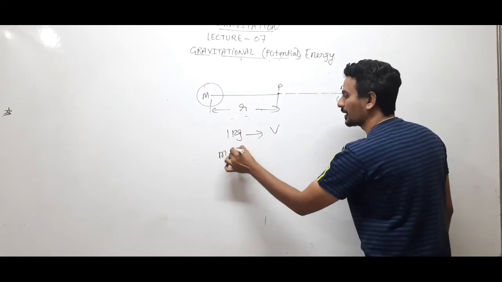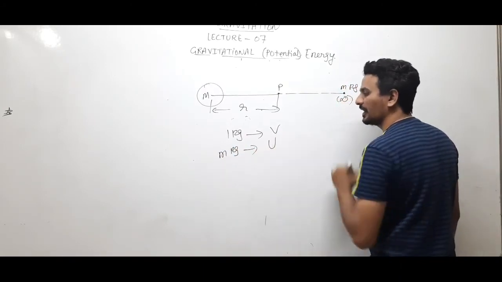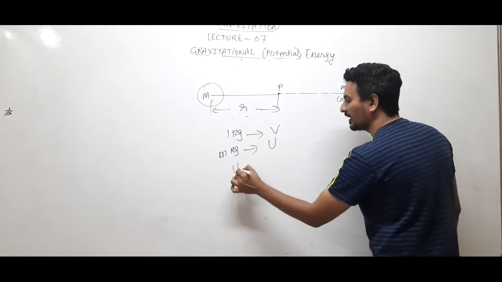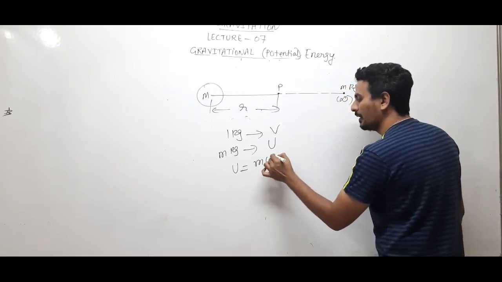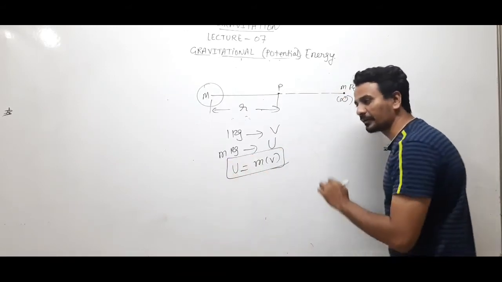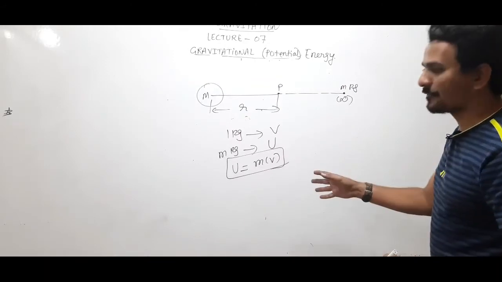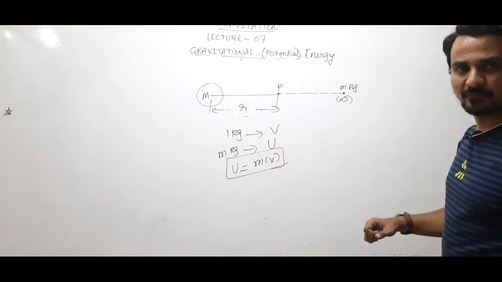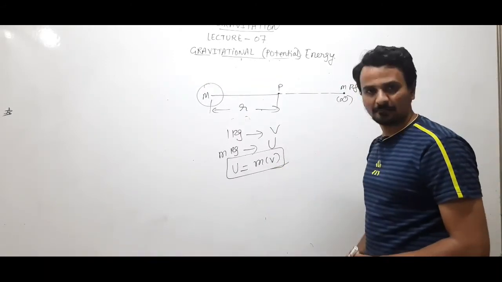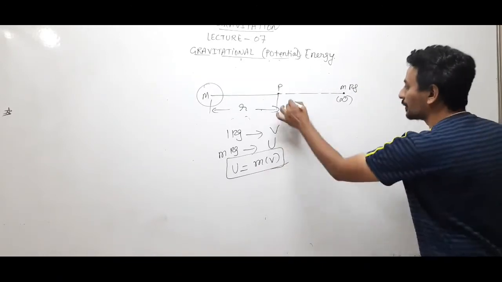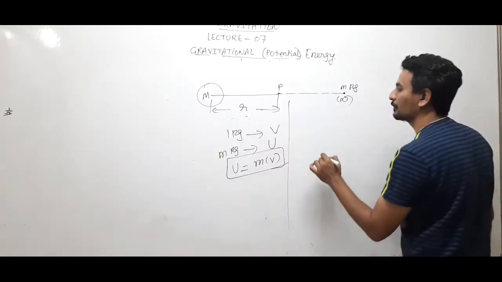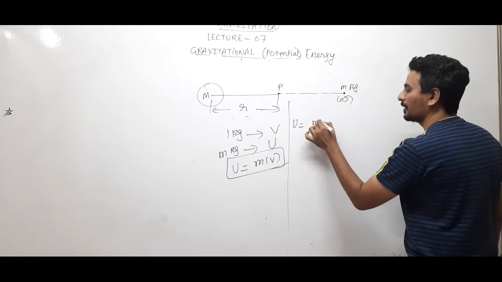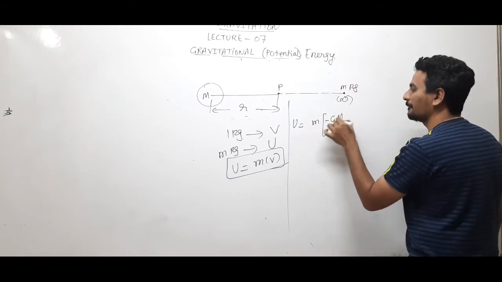Apart from 1 kilogram, work done is potential energy. So U is equal to m into V. This is again important because the same related formula you will learn in your 12th standard, which will be Q into V. Clear?